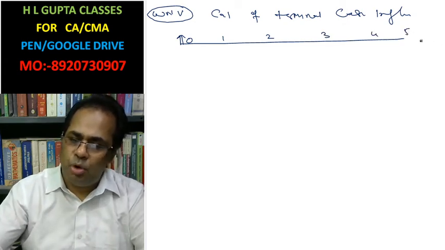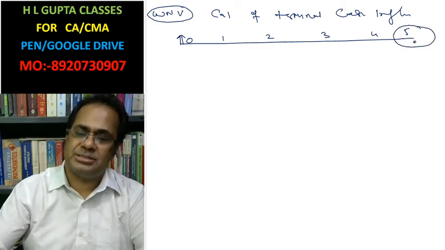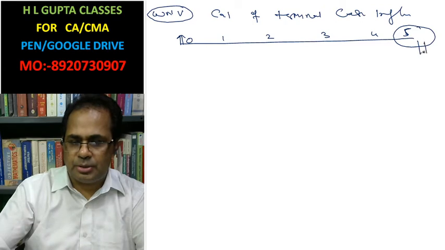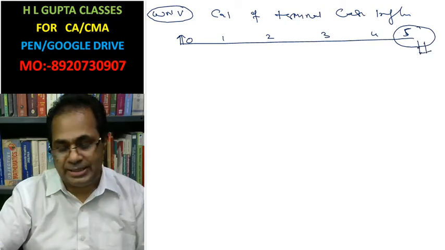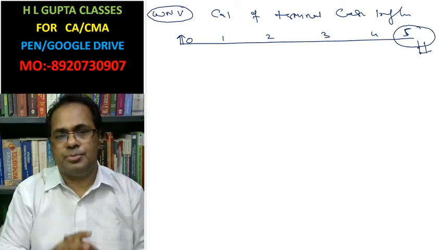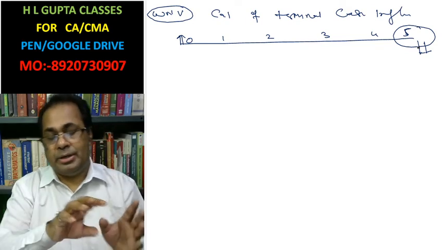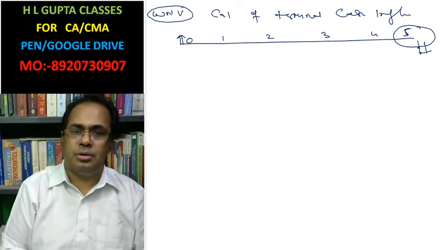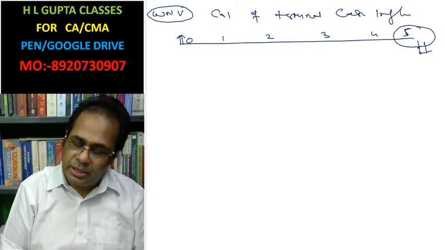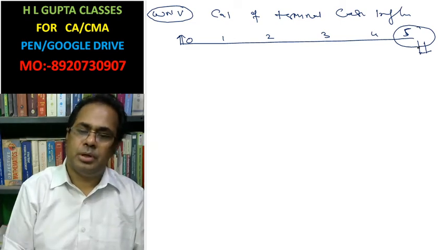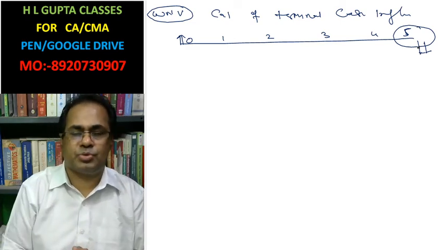The cash inflow of the last year is said to be the terminal cash inflow. In this case, for the 5th year, the terminal cash inflow is the operating cash inflow of the 5th year as well as realization of working capital, salvage value, or any other realization in the last year.